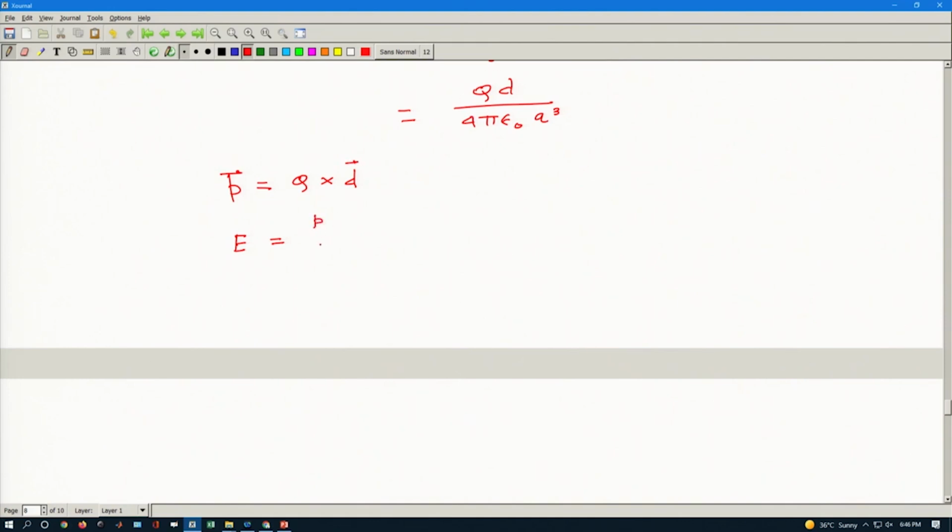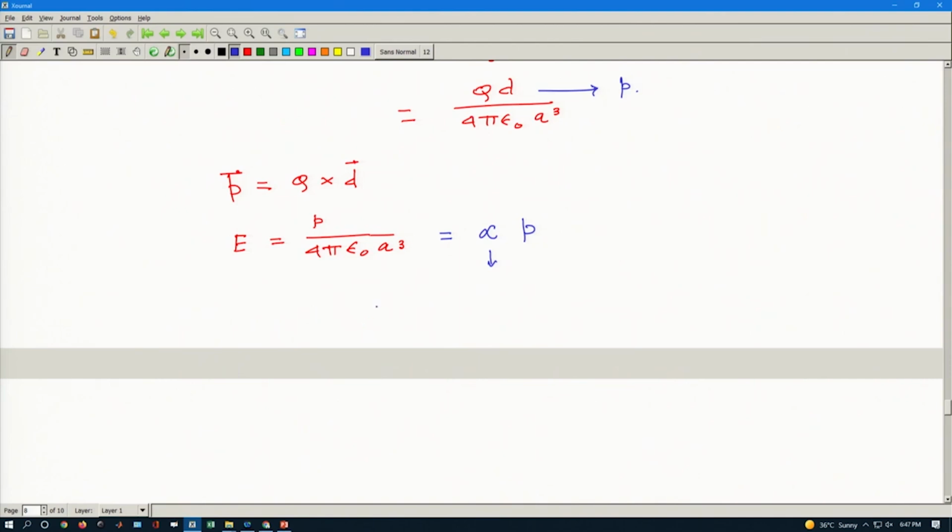So, it should be p divided by 4 pi epsilon 0 a cube, because this quantity qd is nothing but my small p. Here this is equal to alpha times p, where alpha is my atomic polarizability.